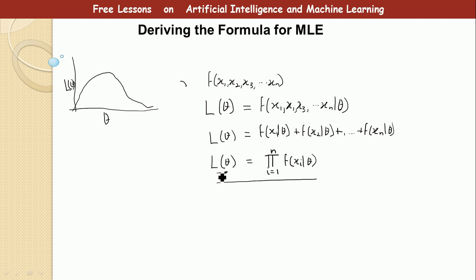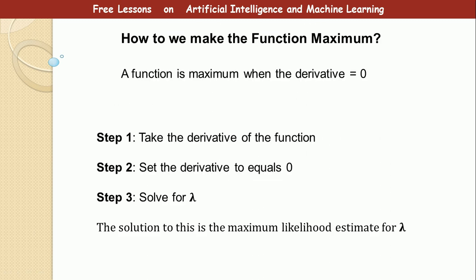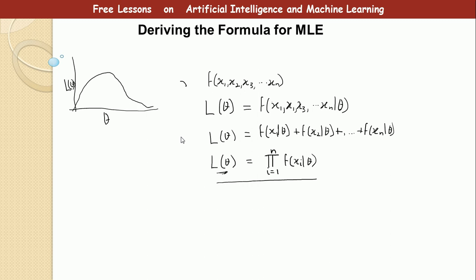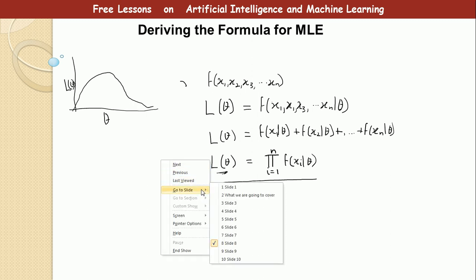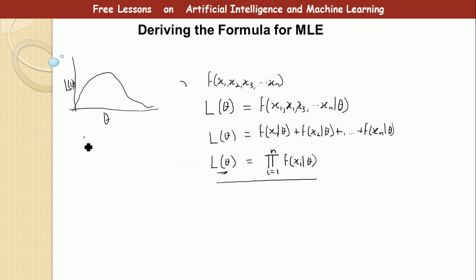If we maximize this function, we are going to have the maximum estimate. It will be a very complex way of doing things, so we are going to find an easier way to handle this. One way to do that is to use a log function, and that is where we have the log likelihood.